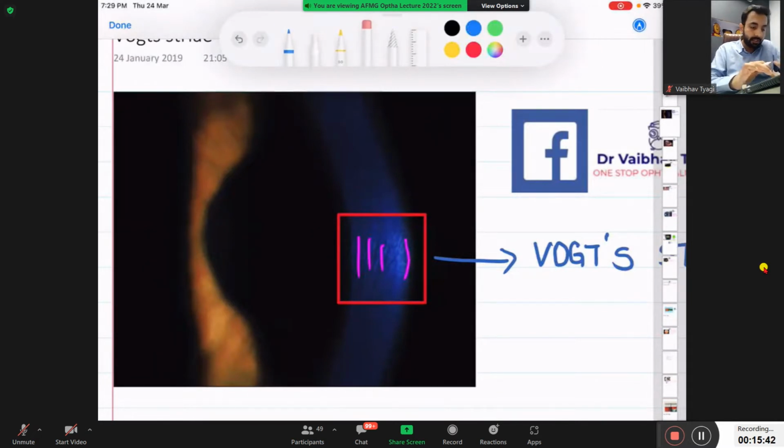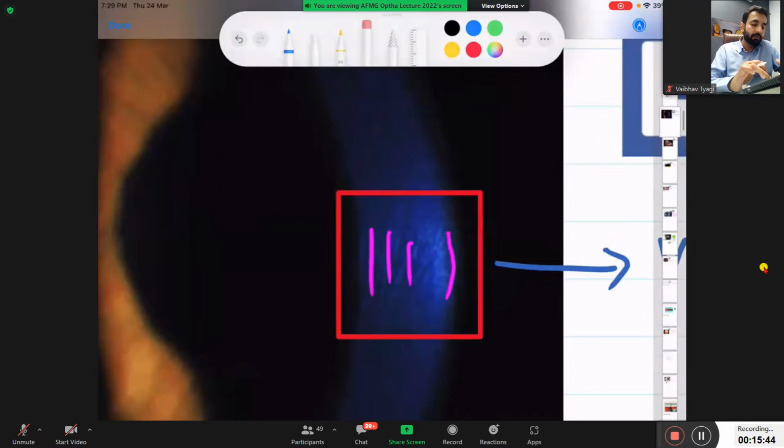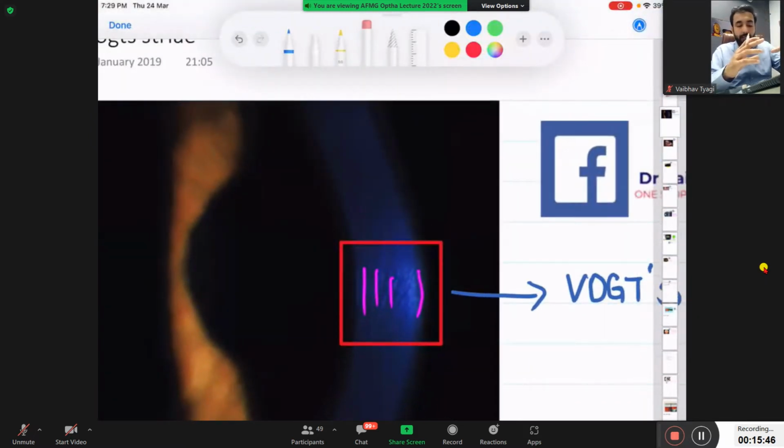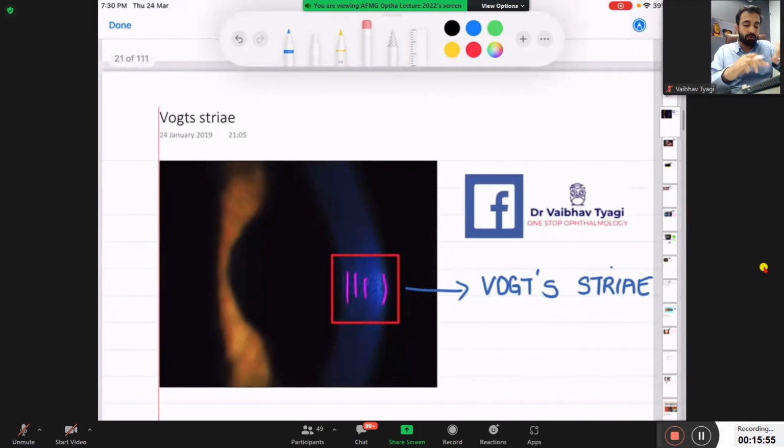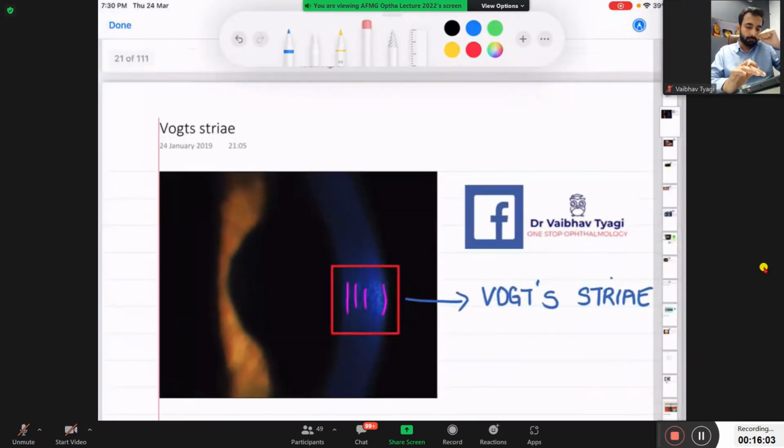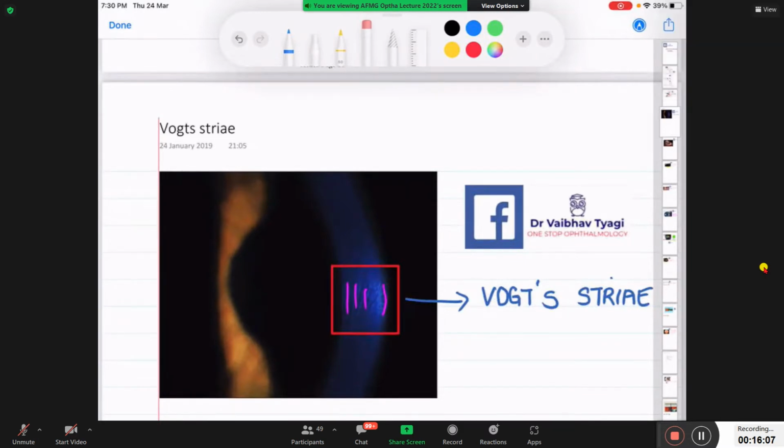Can you see these stress lines on the magnified view? If you see the magnified view of the cornea, you will see slight vertical lines on the cornea. These striae are called as Vogt striae. Typical finding seen in keratoconus. So these were the signs, and the mnemonic was CONES, right?